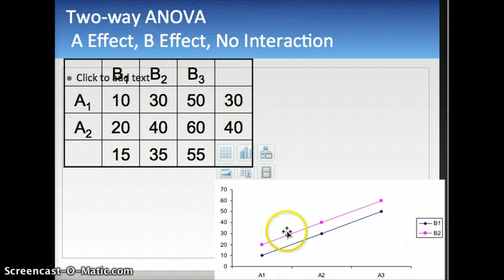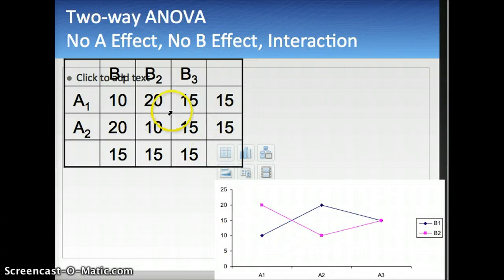Here we would have a significant effect of A, B, but still no interaction. However, this graph is not correct. We have to look at these numbers here. And here we see there's no A effect, no B effect, but we see an interaction.